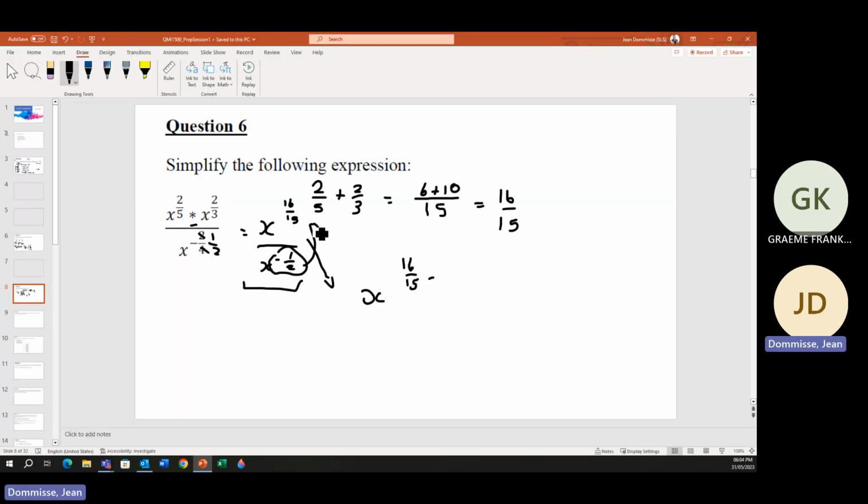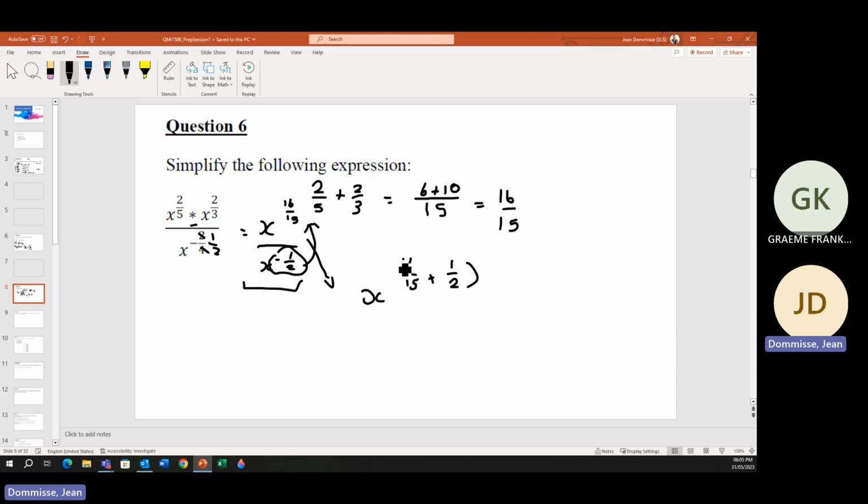When I bring that to the top, just remember I need to say minus minus a half. The minus minus a half will change into a positive. So we will now have 16 over 15 plus a half.